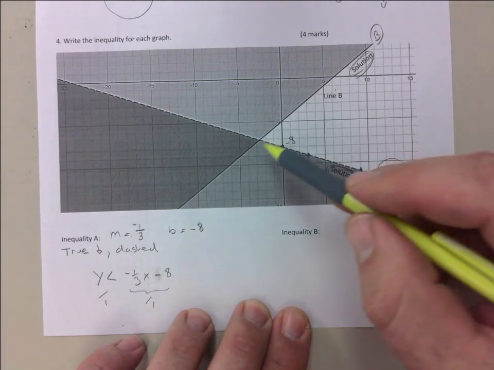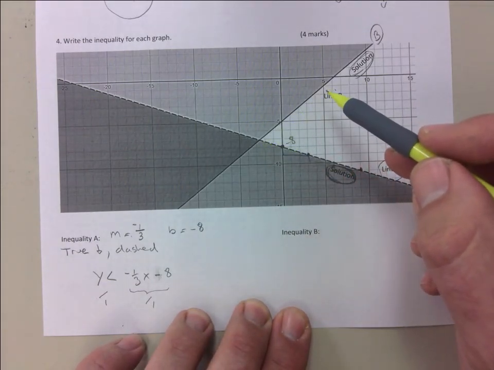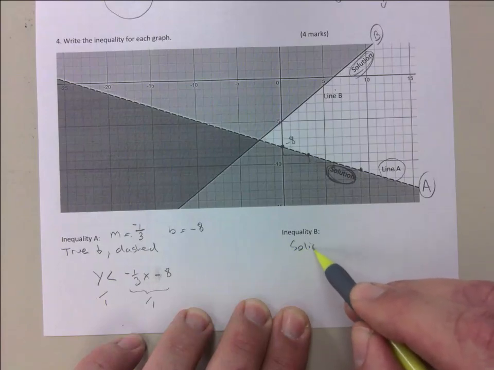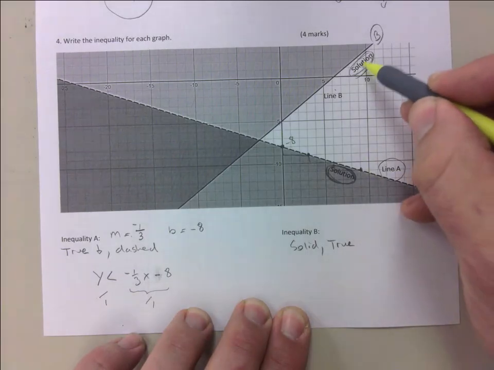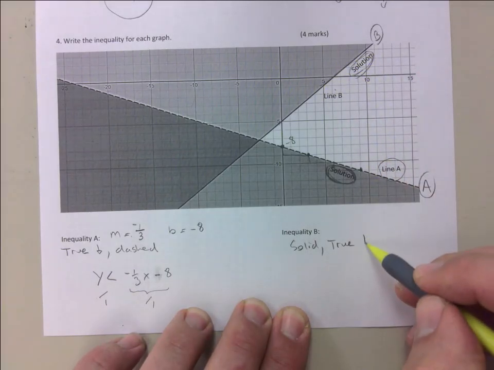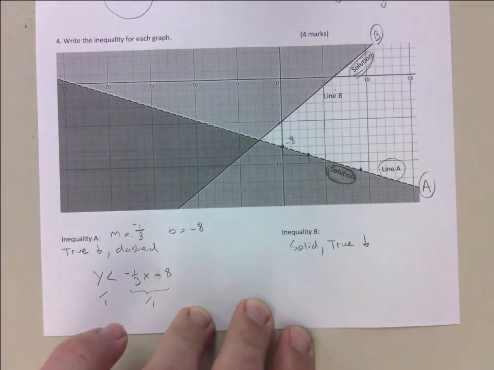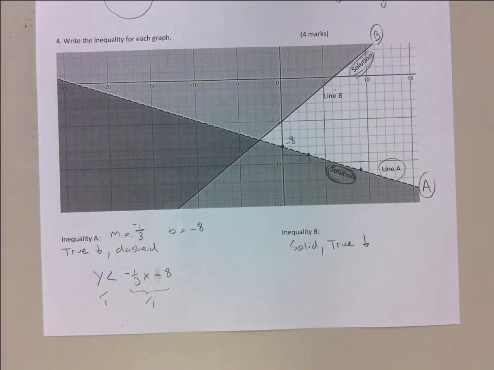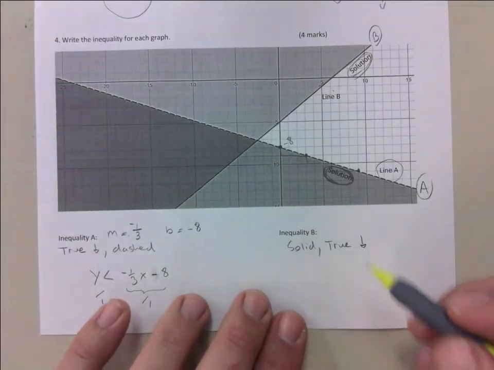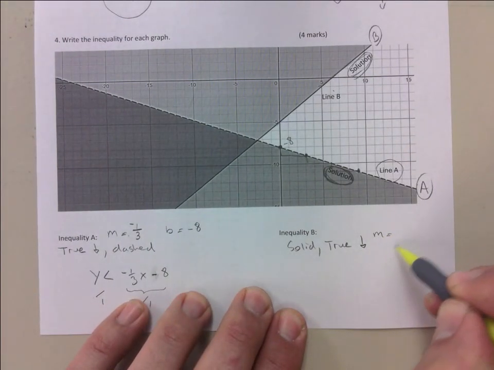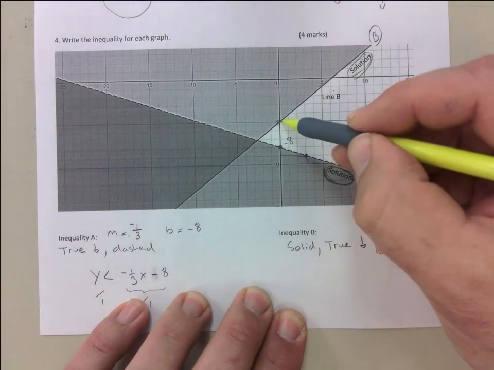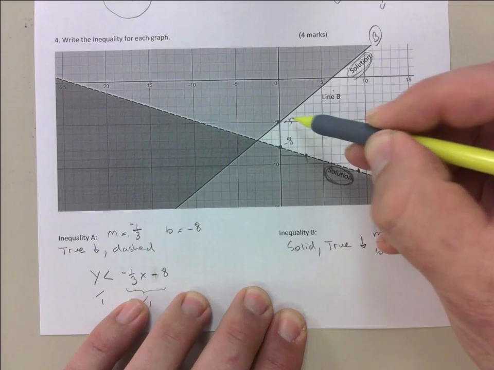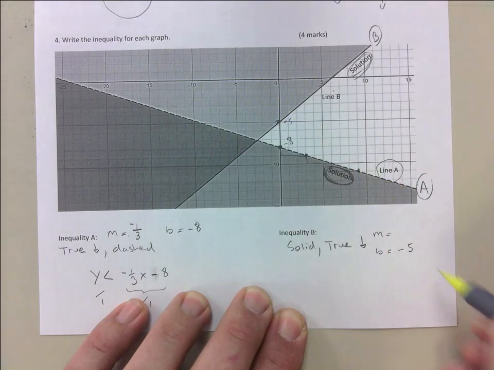The next one, line B. It's solid, and the true region is below the line. Okay? The slope and the y-intercept, let's do that. Y-intercept is -5 for that line, so -5.